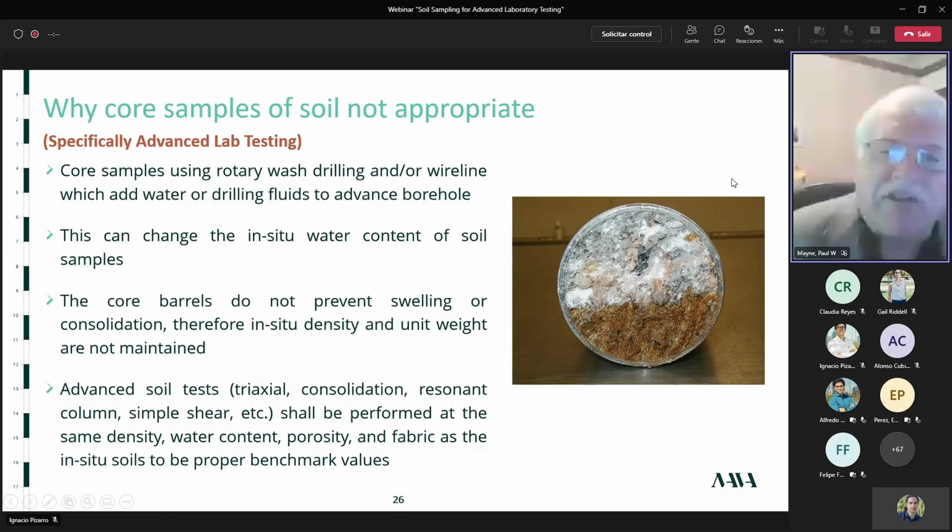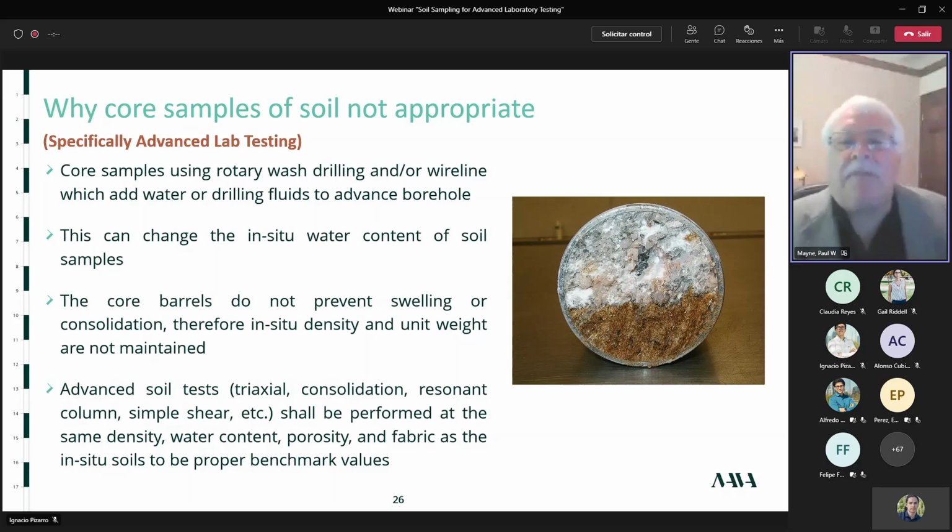So we're not quite sure what the natural moisture content is if you were adding a lot of water and not taking the samples with the standard piston, Osterberg, or Vorschleff type samplers. We don't want to change the in situ water content. The core barrels do not prevent swelling or consolidation. That's again the purpose of the special tube samplers that we mentioned early on.